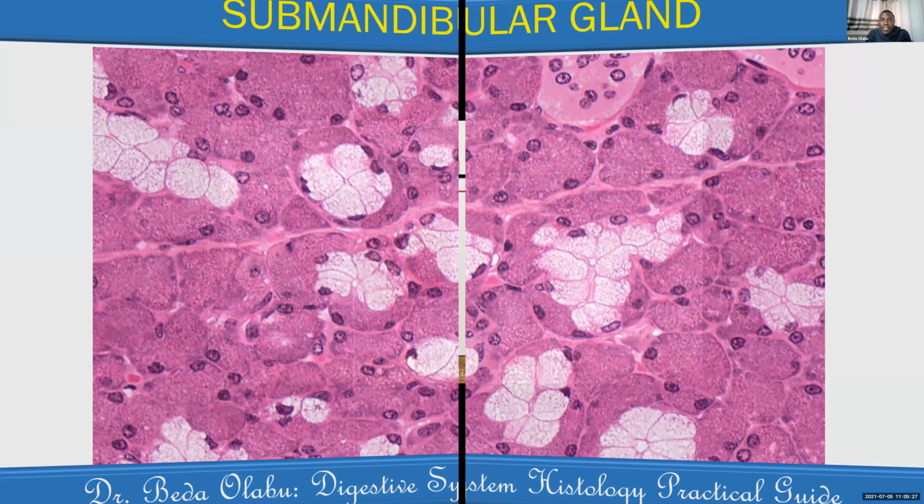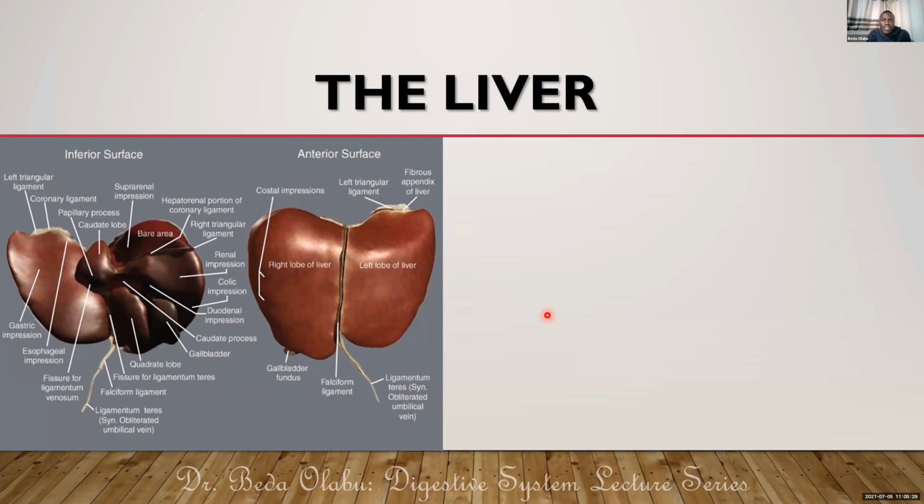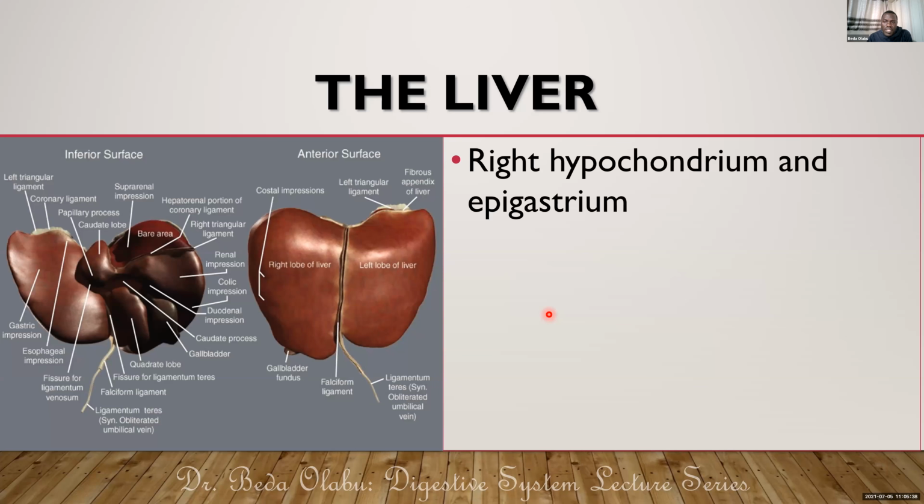We are done with salivary glands. I want to pick the next extrinsic organ, and that is the liver. So the liver is located in the right hypochondrium as well as the epigastrium.